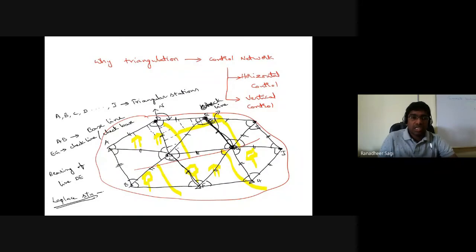In my case here, station D is what I am calling the Laplace station, because it is the station where, from the reference north, I have measured the bearing of some particular line, just to have a check on the accuracy of the control network I went on to represent.